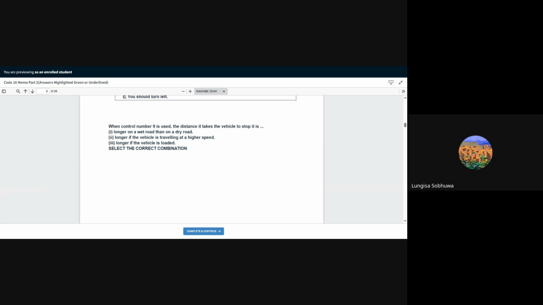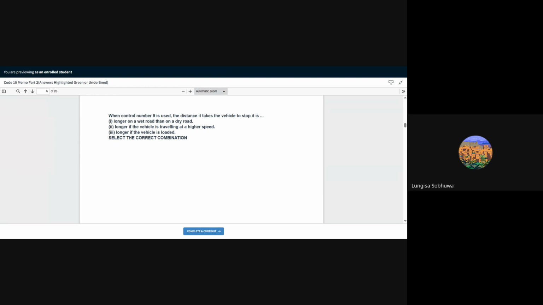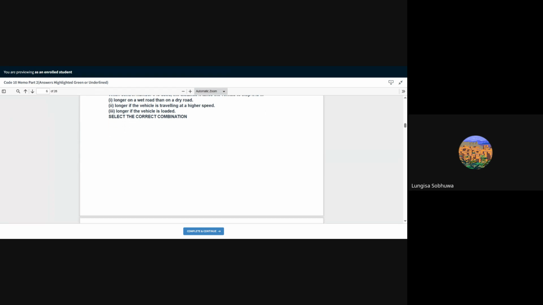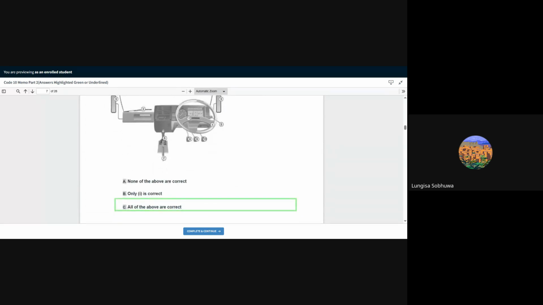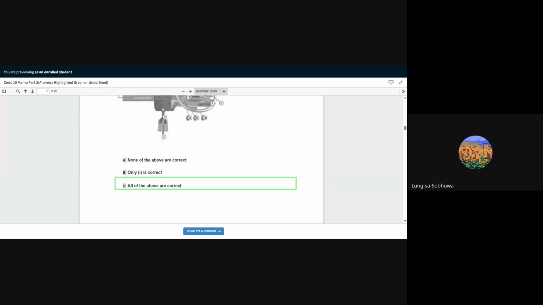Number 2, longer if the vehicle is traveling at a higher speed. Number 3, longer if the vehicle is loaded. So the correct combination there is C, which is all of the above. All of the above are correct concerning the application of number 9. Number 9 is the foot brake.